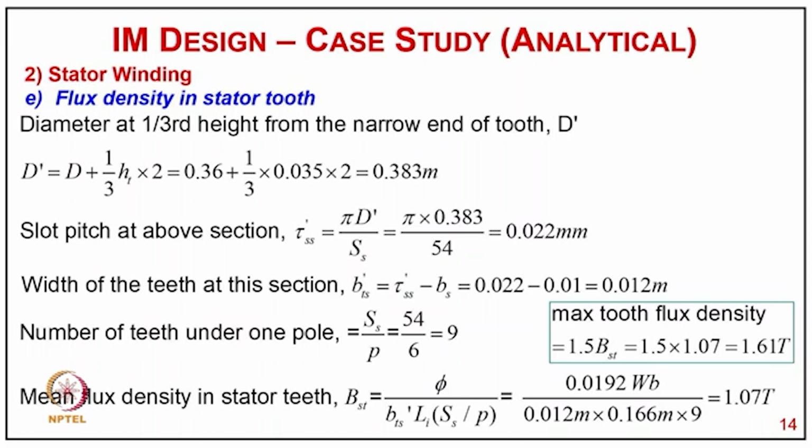The minimum flux density in stator teeth BST equals phi upon BTS dash into Li into SS by P, the number of slots per pole. Putting the value, it comes 1.07 Tesla in the stator teeth. And the maximum flux density in the teeth is usually 1.5 times this average flux density, so it comes 1.61 Tesla, which is well within the stipulated value of less than 1.8 Tesla.